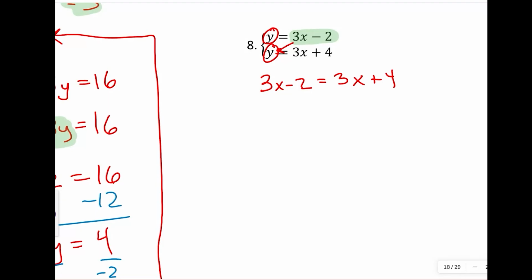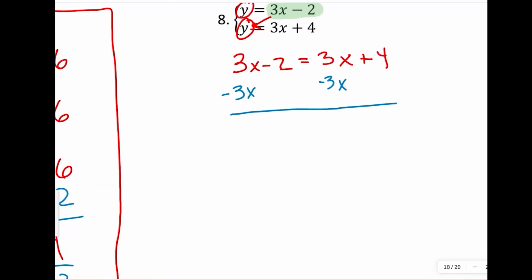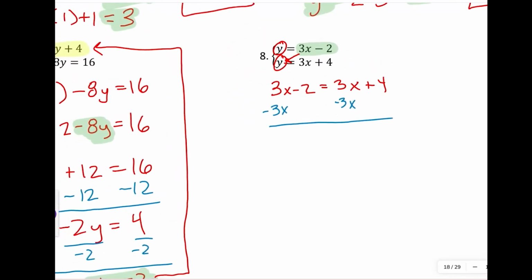Now, when I go to solve for x here, something weird is going to happen, which is that when I subtract 3x, and we saw this back on the first day, sometimes this happens in an equation, all the variables are going to drop out because 3x minus 3x is 0 on both sides. So what we end up with here is -2 equals 4, which obviously is not true, right? -2 cannot equal 4.